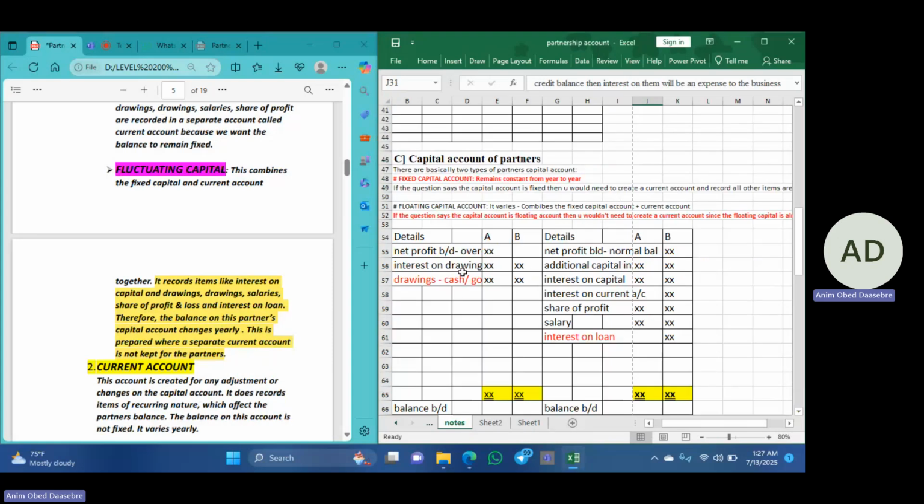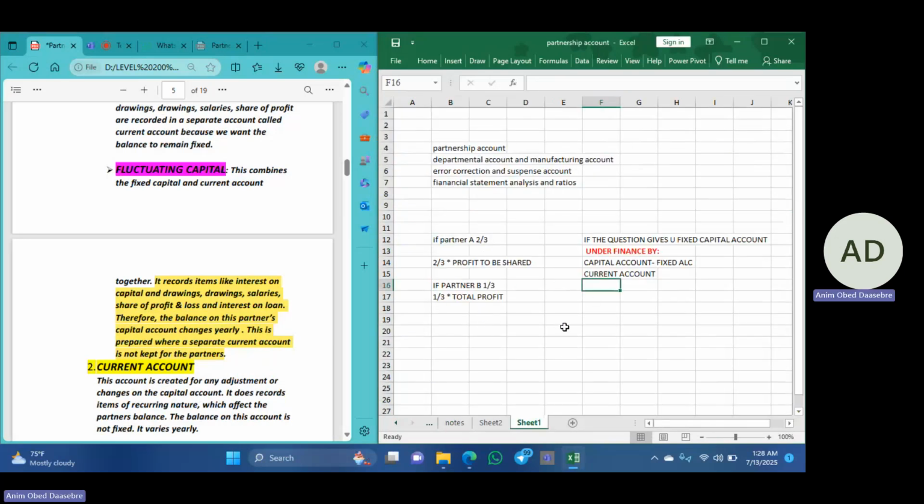Now, the second category of the capital account is the floating or the fluctuating capital. This floating or fluctuating capital account is not fixed.